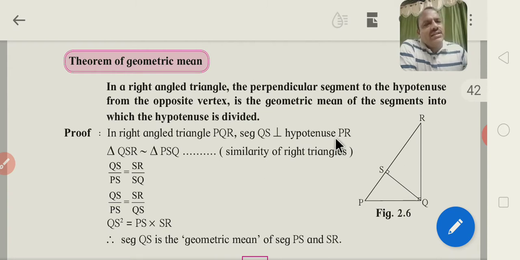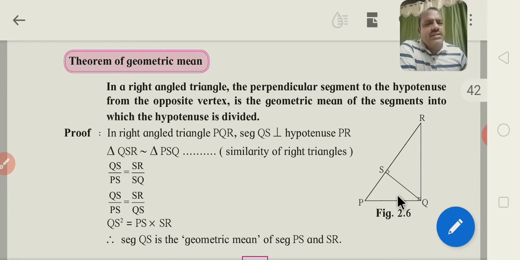Now listen here. In this right angle triangle PQR, the segment QS is perpendicular to PR, and this PR is known as the hypotenuse. Then two triangles are formed here.